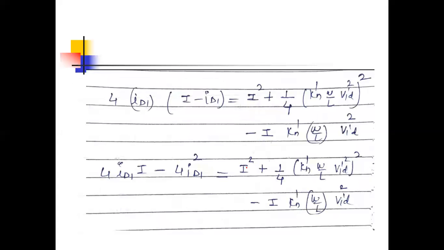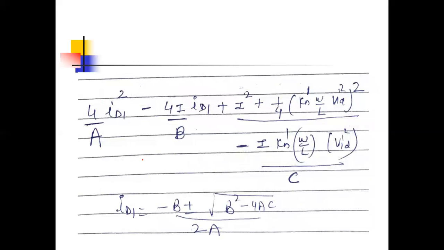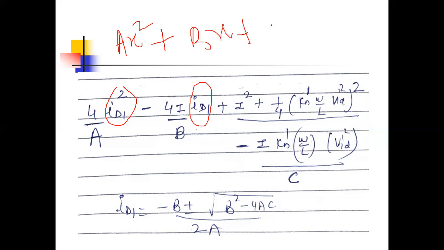Now I am taking all these terms to one side only. So this is the whole equation. Now in this equation, our independent parameter is id1. So this equation is like ax square plus bx plus c equals to 0. So a is your 4, b is equal to 4I, and c equals to this whole term.